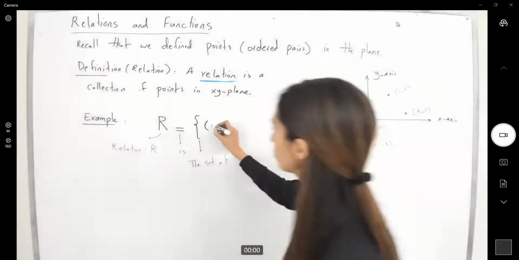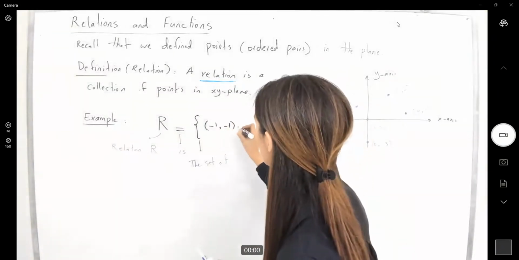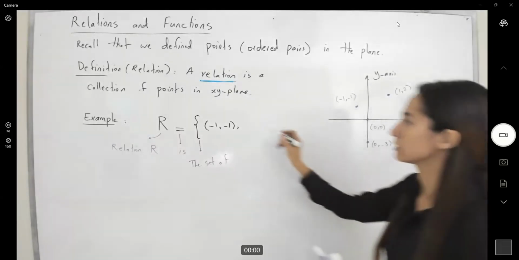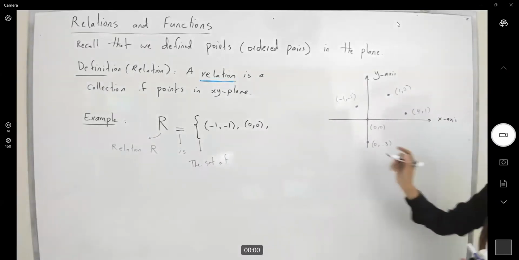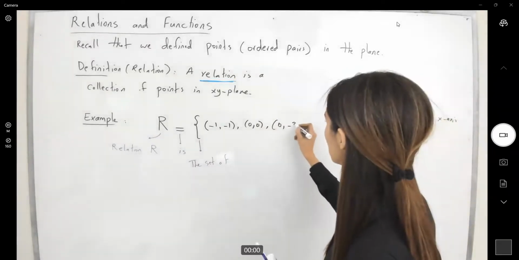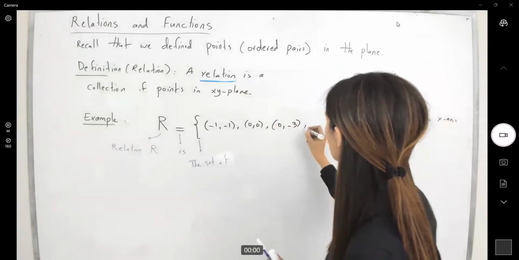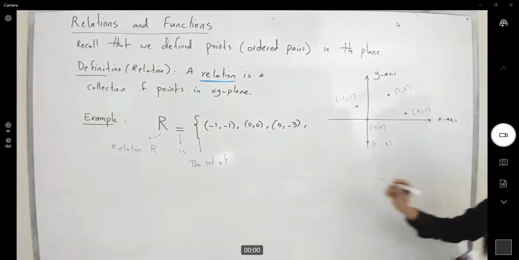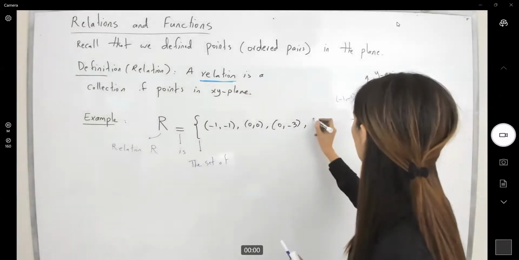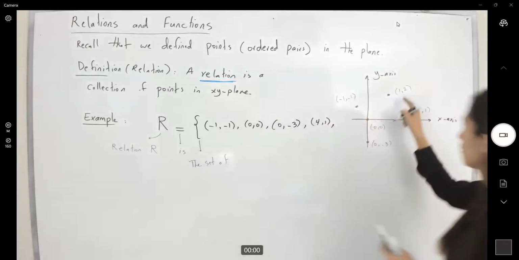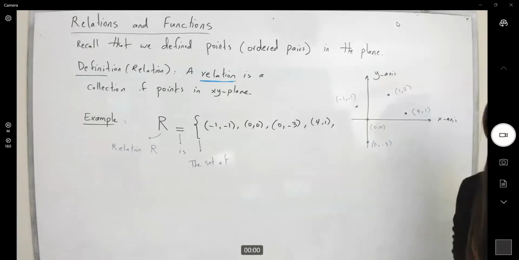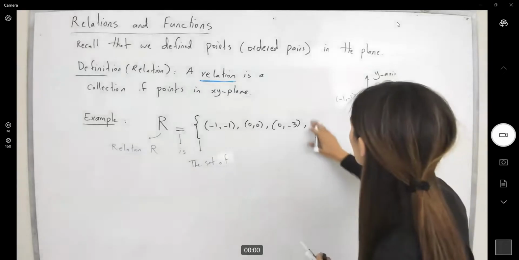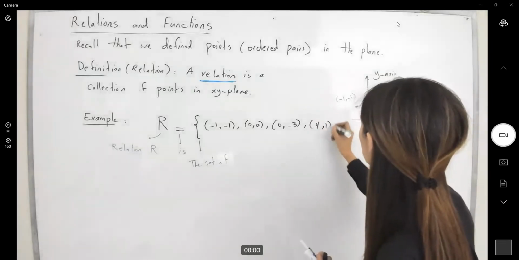I'm going to list these points in the XY plane: -1 and -1, 0 and 0, 0 and -3, and 4 and 1. I could include 1 and 2, but I might say I don't want 1 and 2 in this relation, so I'm going to stop here at 4 and 1.